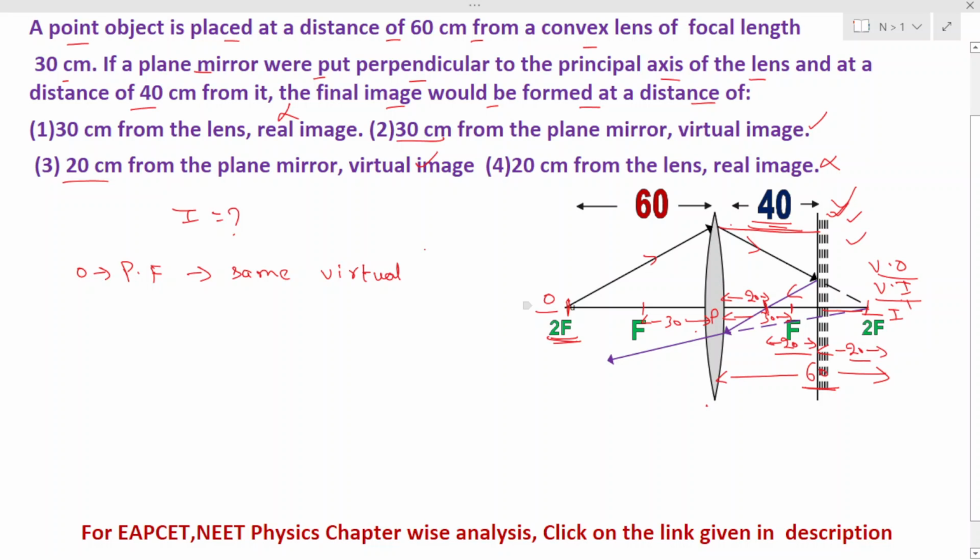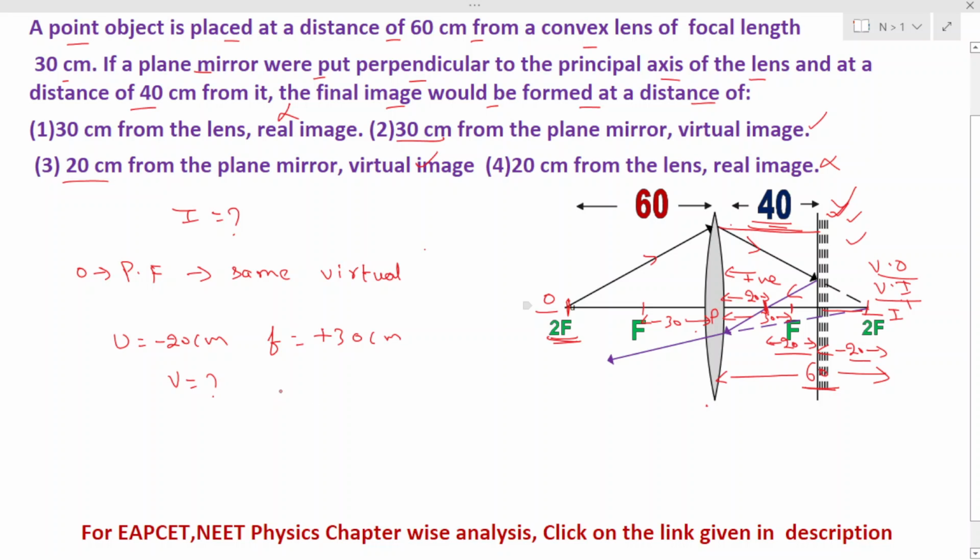Okay. So the object is here now, and we'll take this direction as positive. That means the object distance will be u is equal to minus 20 centimeters. And since this is a convex lens, its focal length f will be equal to plus 30 centimeters. Now you have to find the position v, which is nothing but the position of the final image.